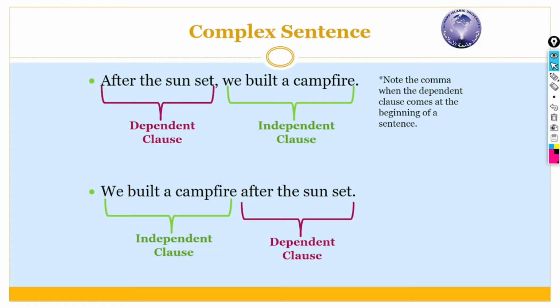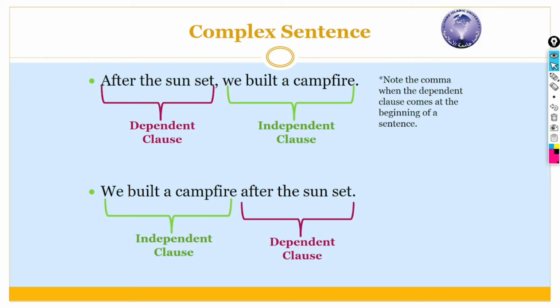Now I would like to share another example of a complex sentence. After the sunset, we built a campfire. You can see the dependent clause first, then we use a comma. We built a campfire is the independent clause. When we join the dependent clause and independent clause, we make a complex sentence.